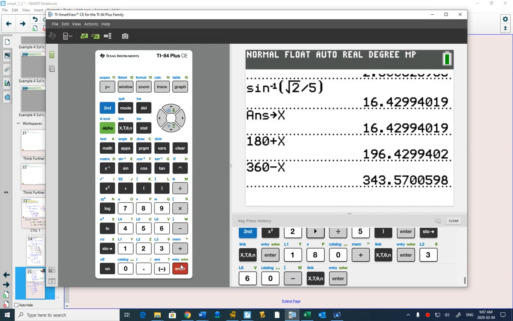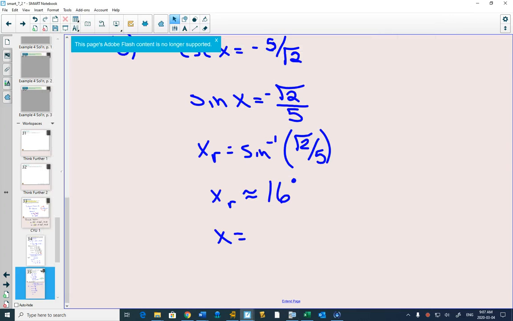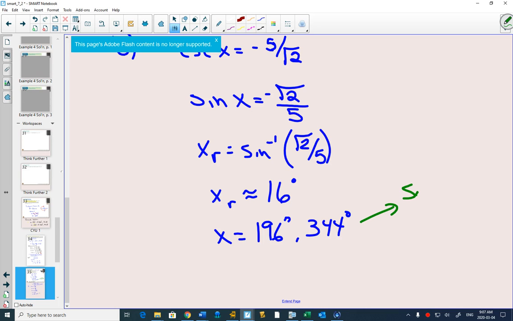So 196 and 344. And again, this is our solution from 0 degrees to 360 degrees, one time around the circle.